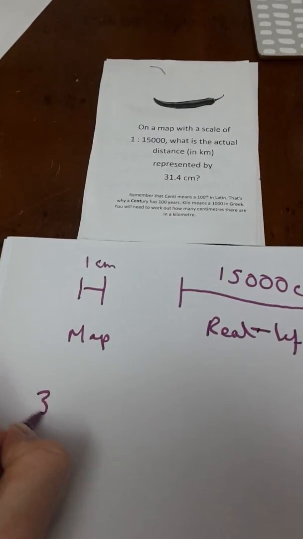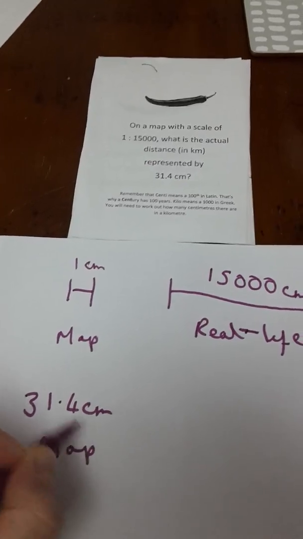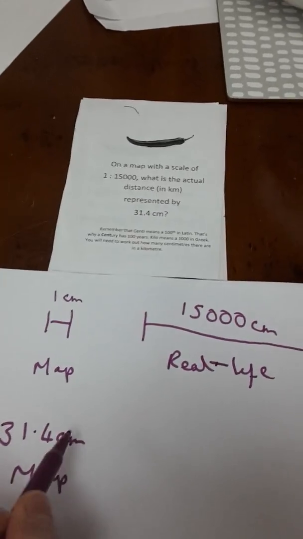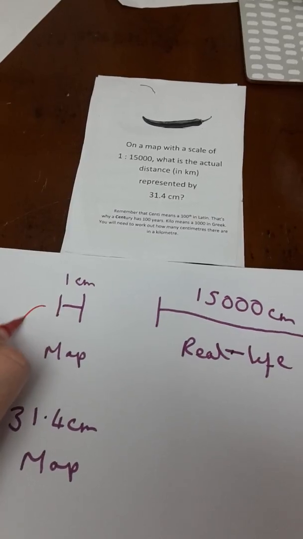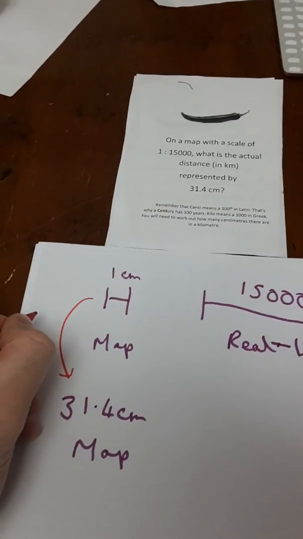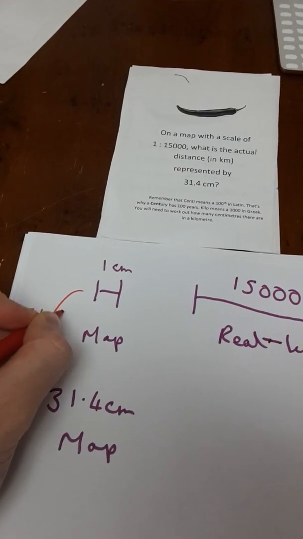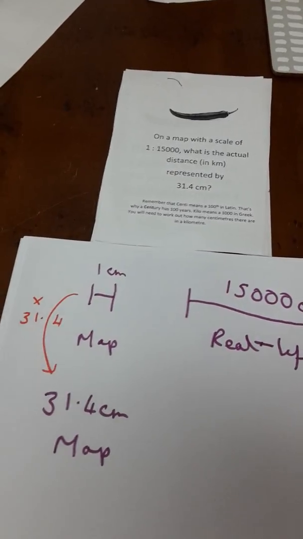So if I have 31.4 centimetres on my map, then I'm going to have a multiple of 15,000. To get from 1 centimetre to 31.4, I have 31.4 lots of that 1 centimetre.